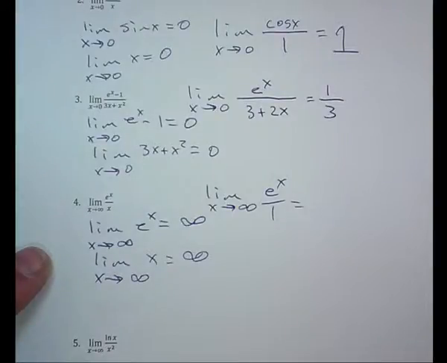Infinity. Do I have to check each one? Or am I done? Is my answer infinity? You're good. You're right, it's infinity, and I'm done. To apply the rule again, what would have to be true?